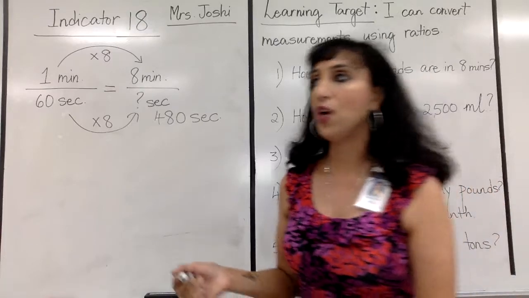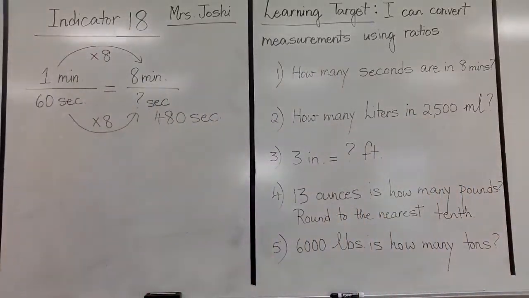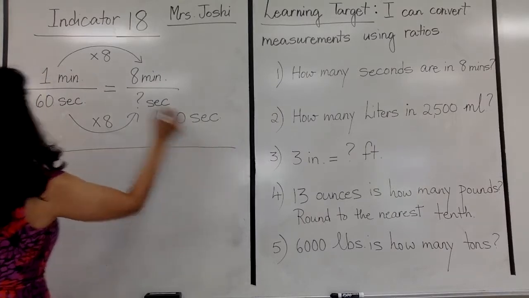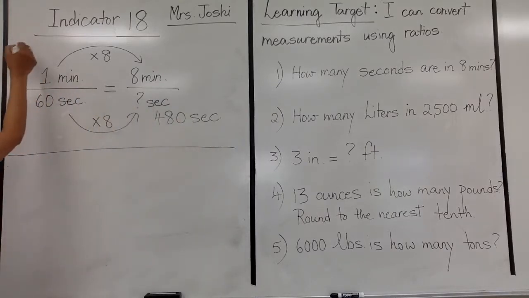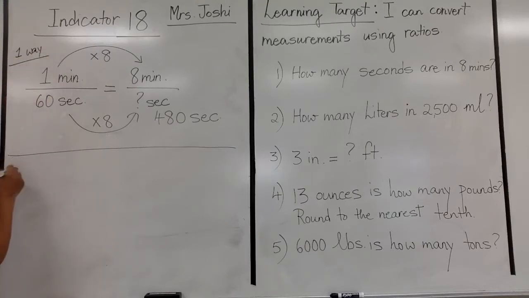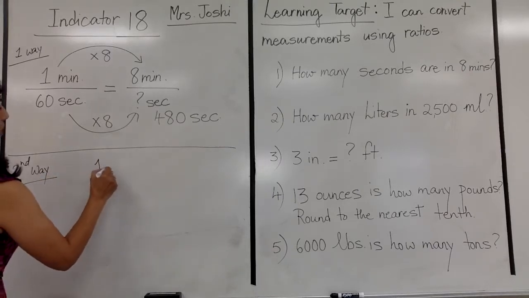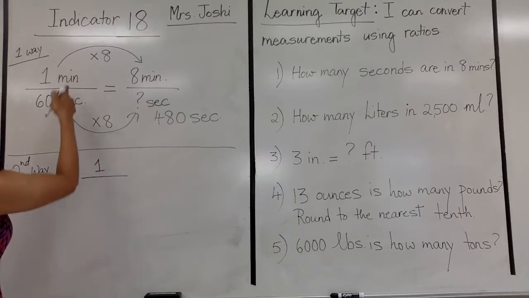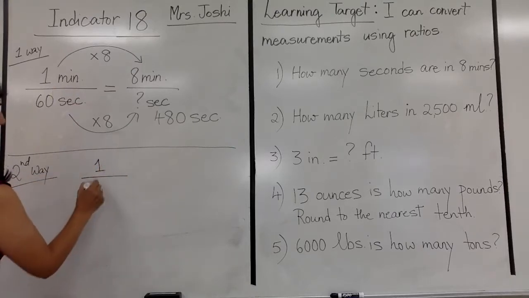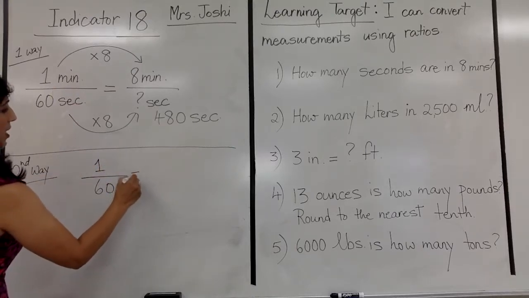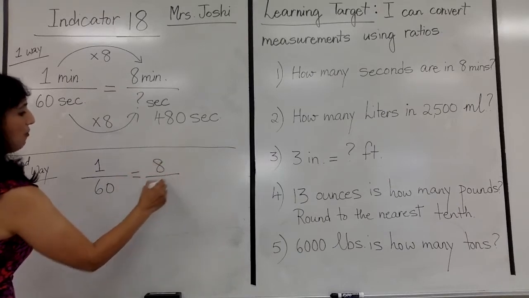Now, let me show you the proportion cross products method. Okay, so this was one way to do it. Let me show you a second way. All right, you'll get the same answer no matter what. So again, 1 minute over 60 seconds is equal to 8 over x.